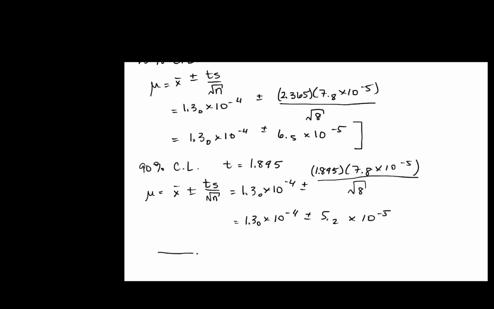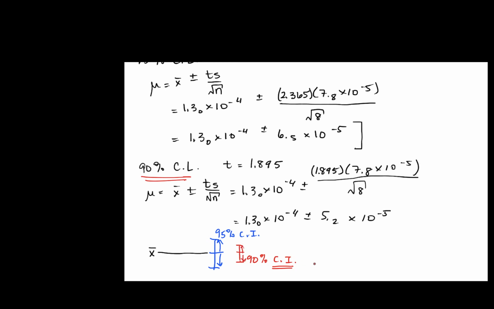Okay, so if this is our mean value, then my 95%, I better make it bigger so that I can reliably draw 2. Okay, so my 95% confidence interval would be plus or minus this amount of 6.5 times 10 to the minus 5, right? But the 90% confidence interval is a little bit smaller. So when we go to a lower confidence level, we're actually taking a smaller window.